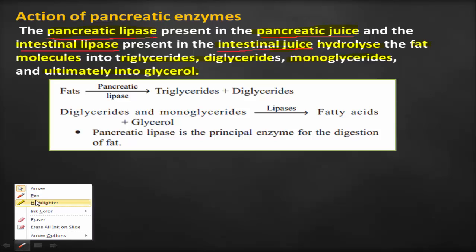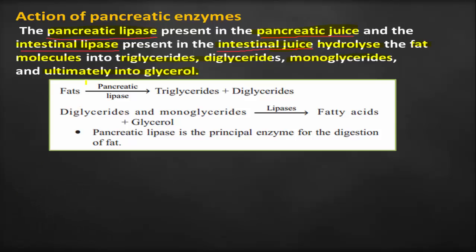What happens to the fat molecule consumed along with the regular diet? So fats in the presence of pancreatic lipase. Pancreatic lipase is acting on fat molecules that are already combined with the bile salts, and they are converted into triglycerides and diglycerides. Diglycerides and monoglycerides, again in the presence of lipase, are finally broken down into fatty acid and glycerol.